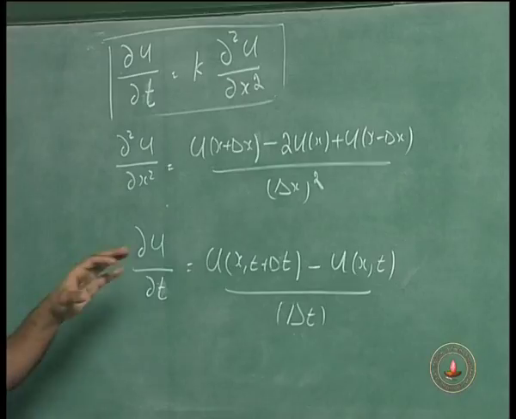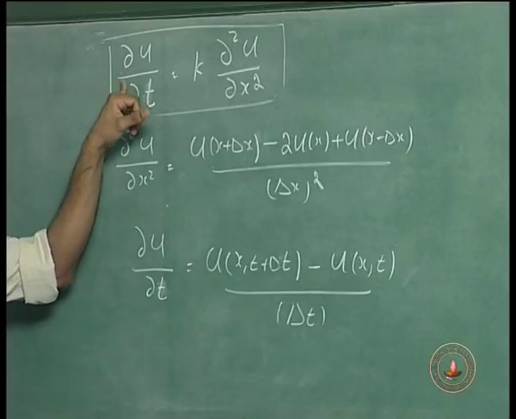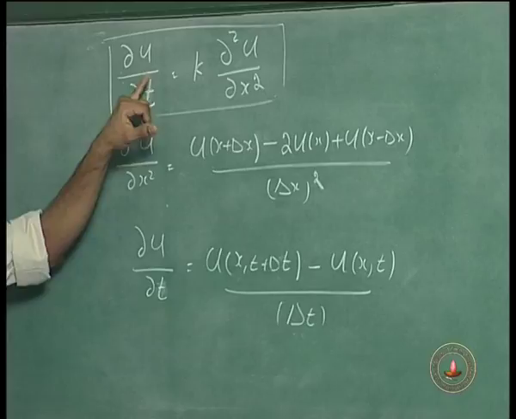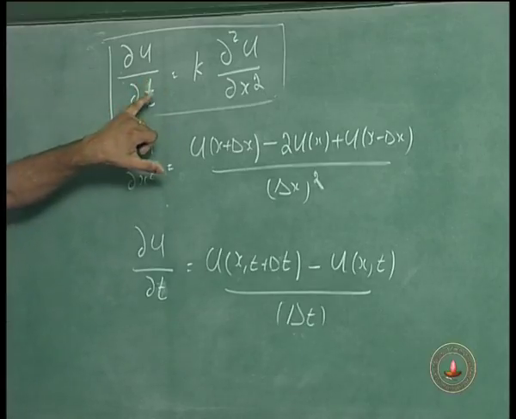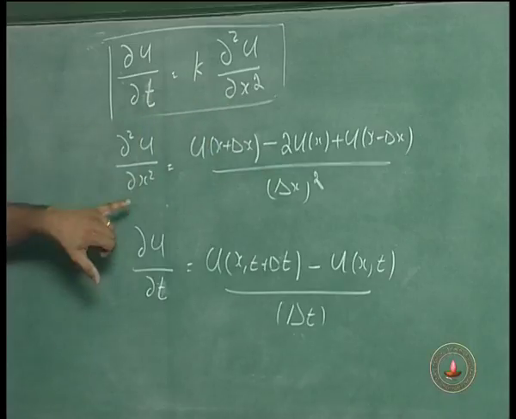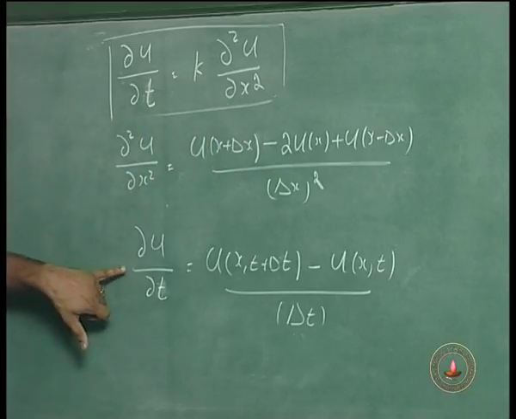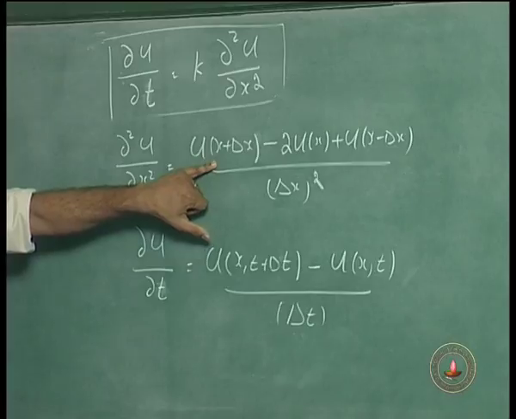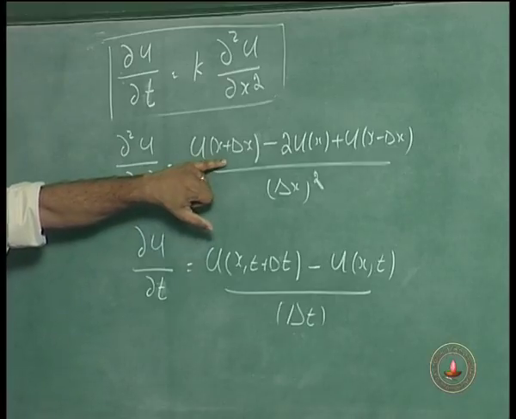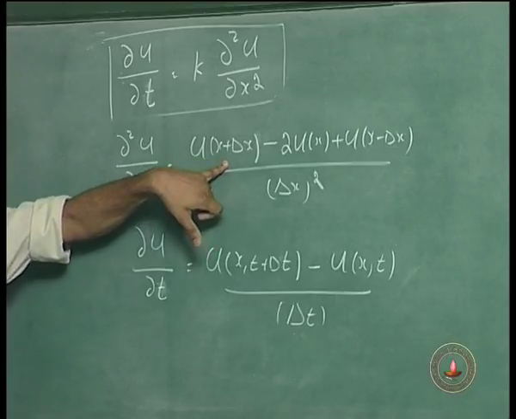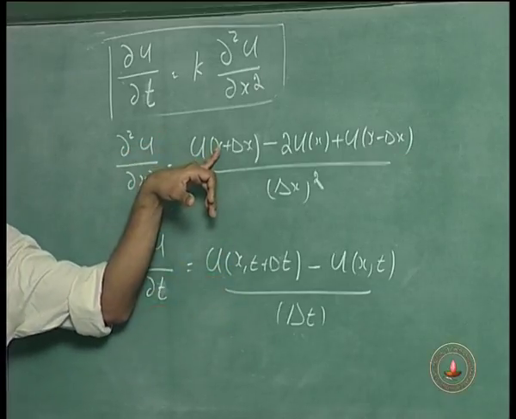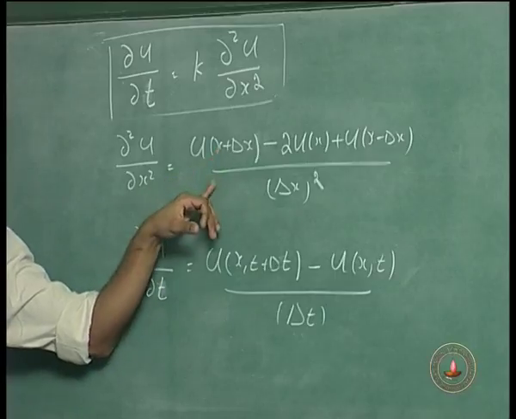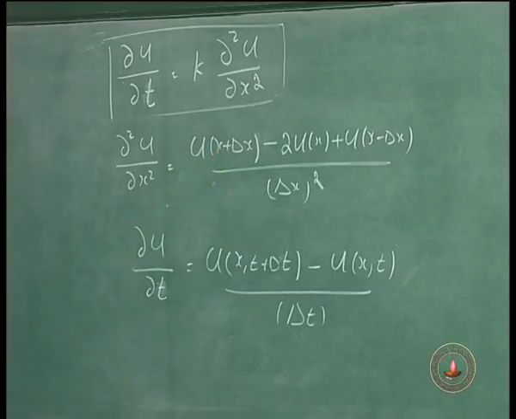Our aim is to solve this particular equation using two different methods, substituting the difference equations for these derivatives, but taking the space derivative in one method at time t, which is called the explicit method, and in another method taking this derivative at time t plus delta t, which would be called the implicit method. We will look at these two methods.